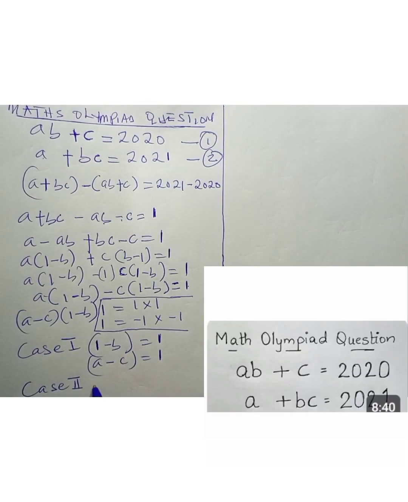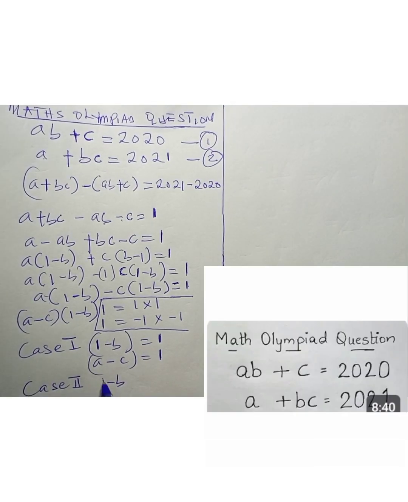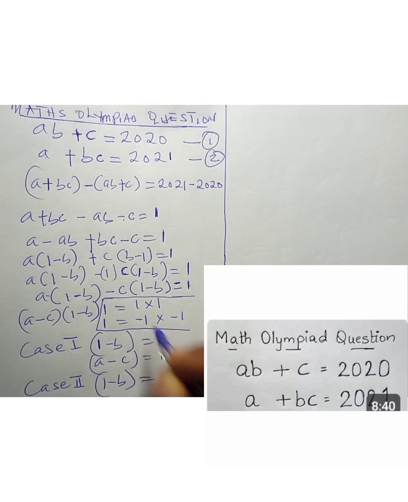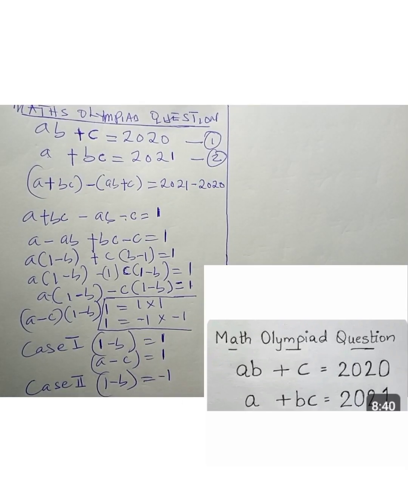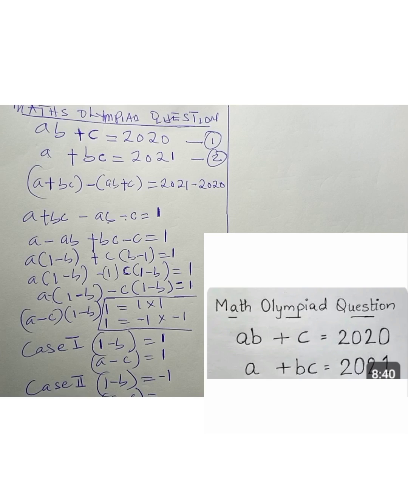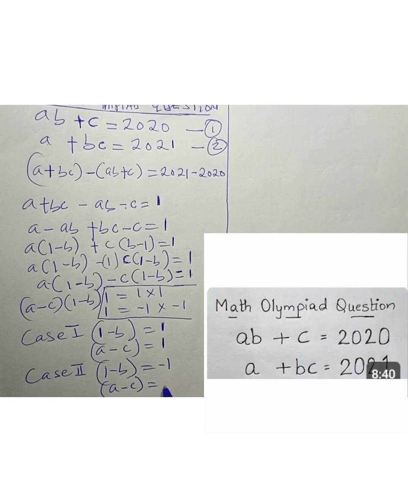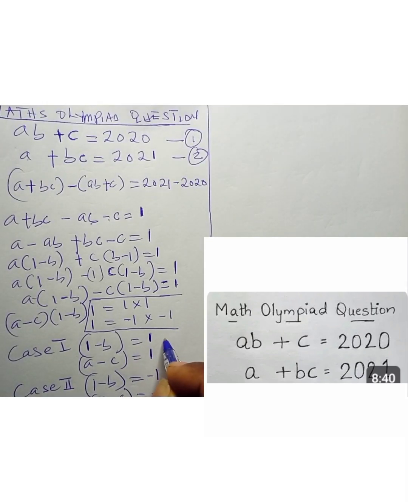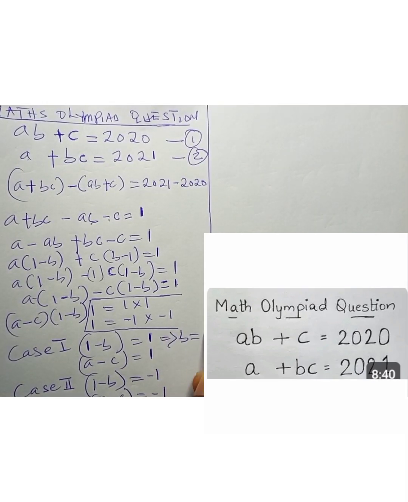In case 2, we are going to have 1 minus B equals minus 1, and at the same time A minus C equals minus 1. In the other one, B is equal to 0.